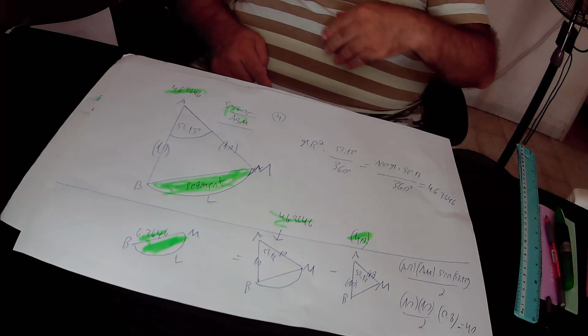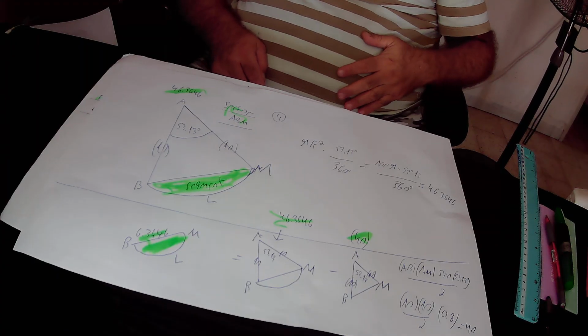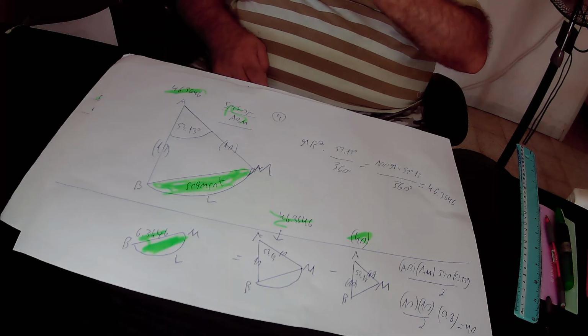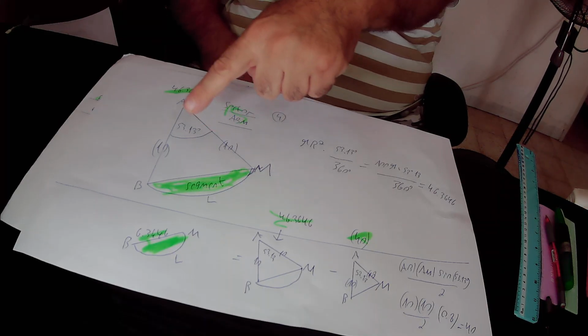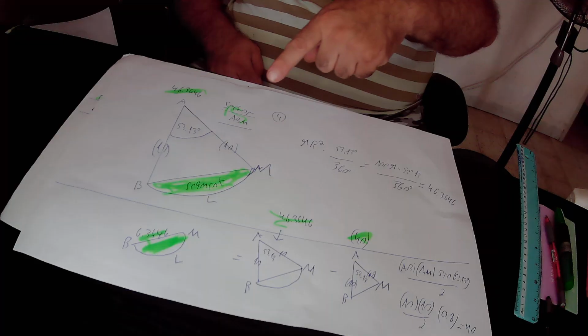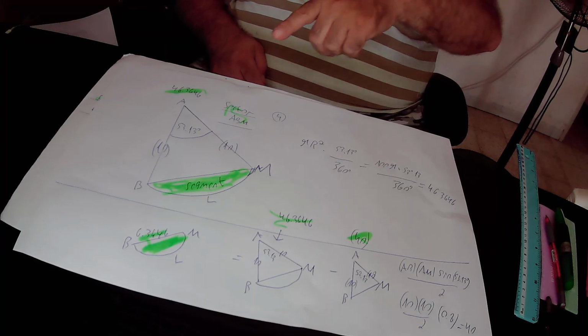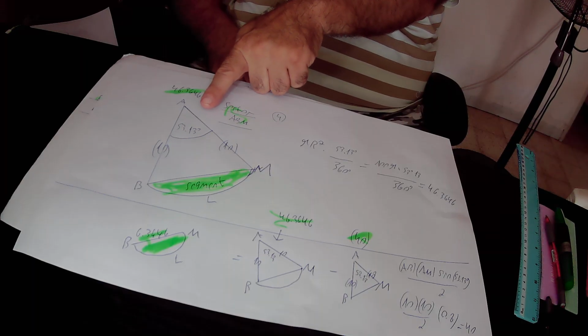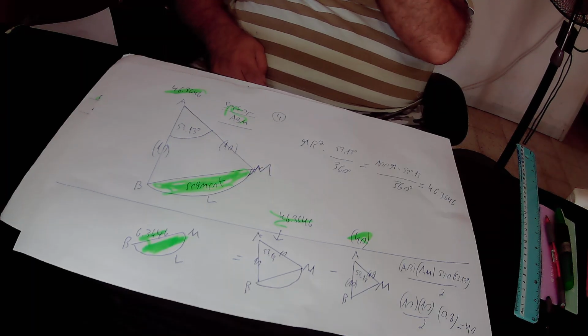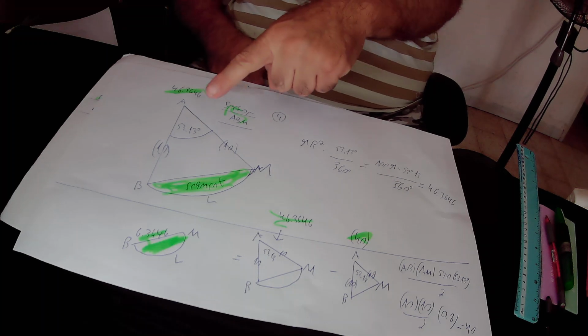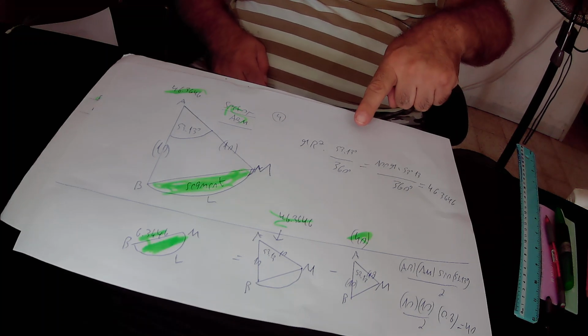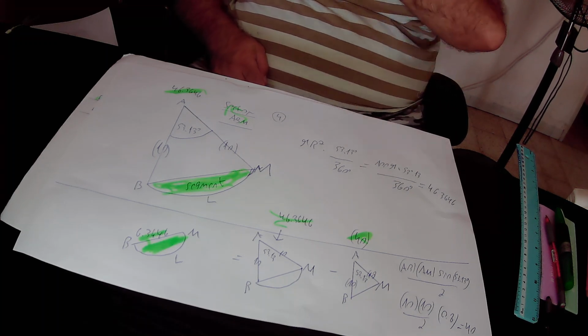So according to the formula that I presented to you a couple of minutes ago, the area of this sector ABM must be equal to pi r squared, that is the area of the circle that contains the sector, times the angle between the legs, that is 53.13, over 360 degrees.